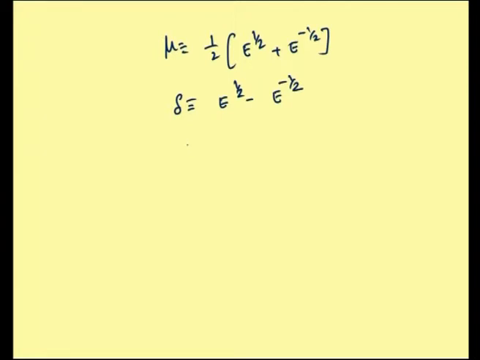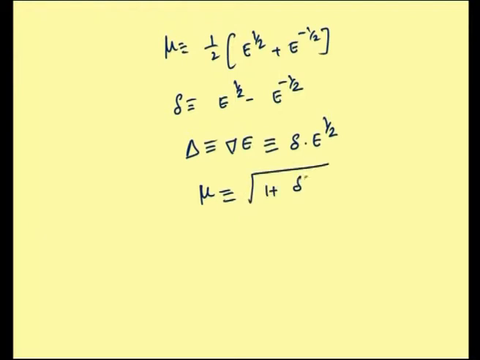And delta is equal to nabla into E and is equivalent to delta into E to the power 1 by 2. Also we have mu in terms of delta: mu is equal to root of 1 plus delta square by 4, and then the differentiation operator capital D.